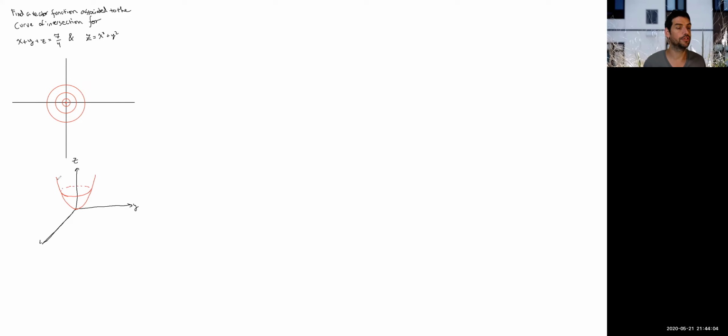There's those circles. For each value of z, we get a larger and larger circle. So that kind of gives us an idea. It's like a bowl shape, right? And then there's a plane that's going to be slicing through it.